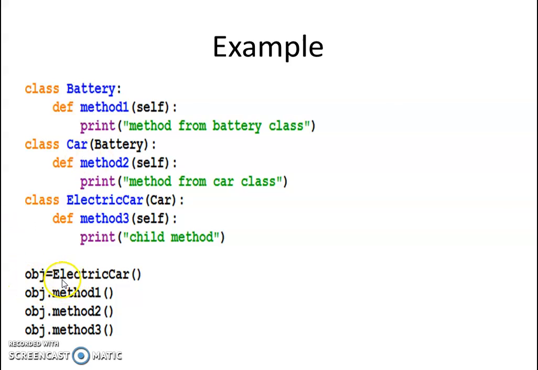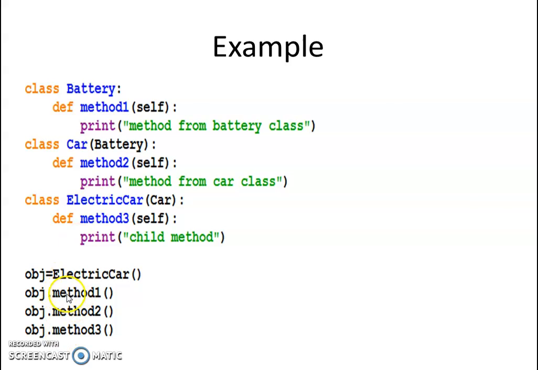We are creating an object of the child class, ElectricCar, and with this object we are invoking method1, method2 and method3, where method1 belongs to the Battery class, method2 belongs to the Car class, and method3 belongs to the ElectricCar class. So here we are achieving multi-level inheritance. As you can see, we are maintaining the levels of child classes.